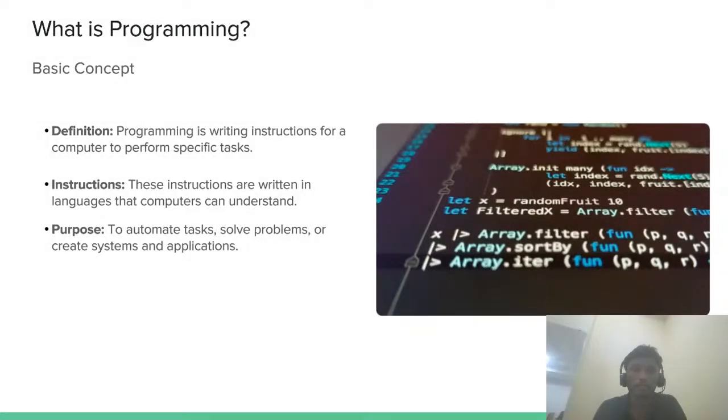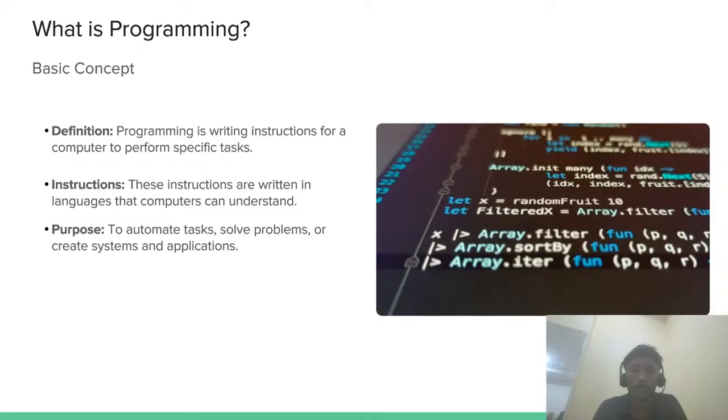In a simple way, programming is writing instructions for a computer to perform specific tasks. I think everyone who has had a lab writes some procedure like that. You want to give instructions to the computer.